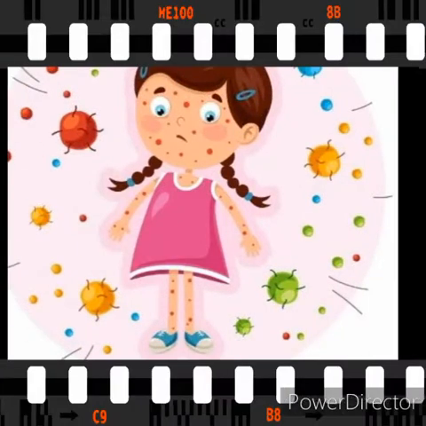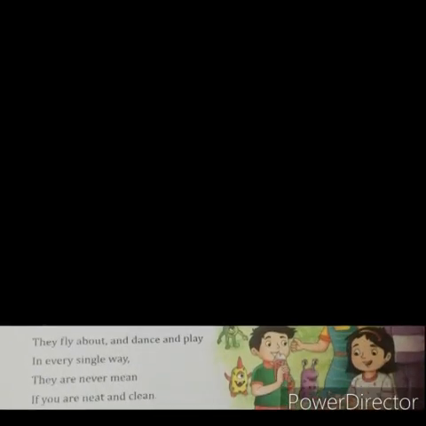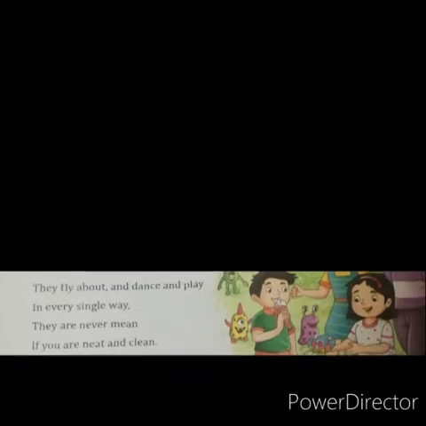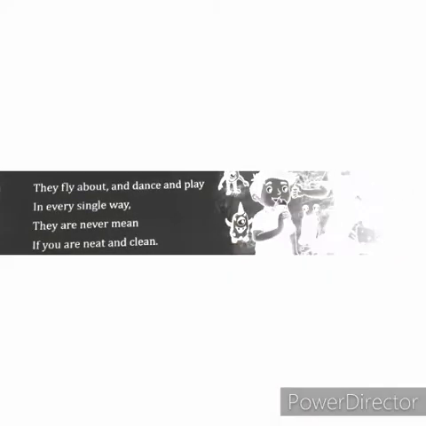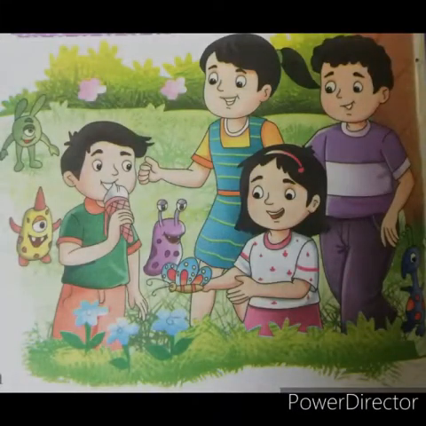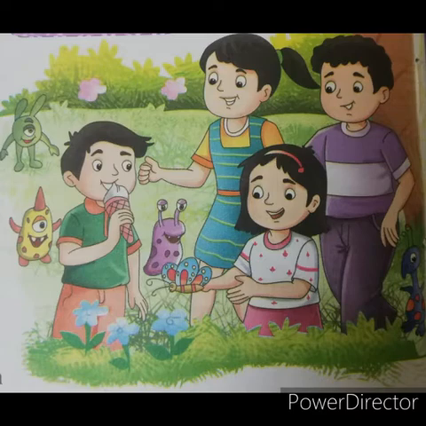Next, the third stanza of the poem explains that these germs fly about, dance and play. That means they fly here and there, but they are never mean if we keep ourselves neat and clean.